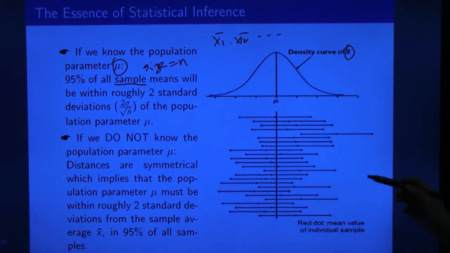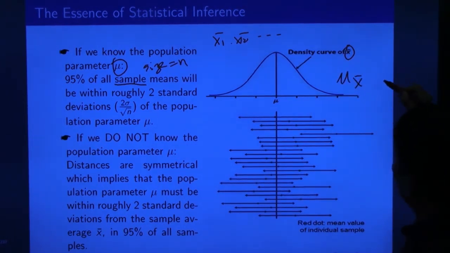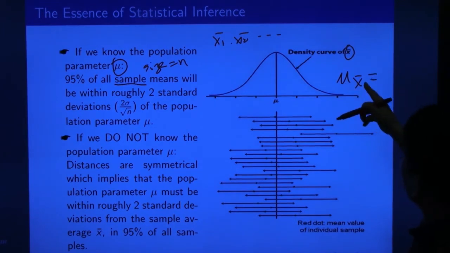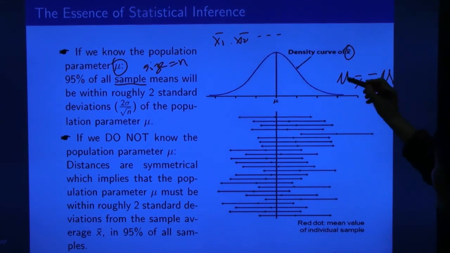And we know the mean of this sampling distribution is equal to the population mean. We know this from the last chapter.